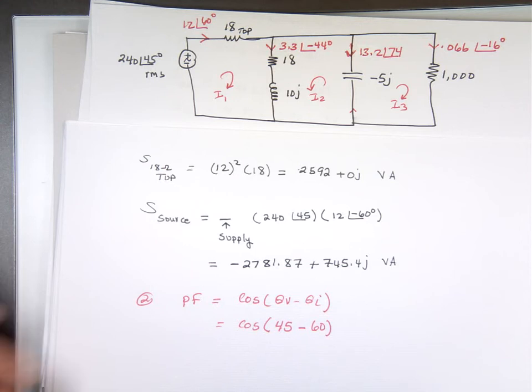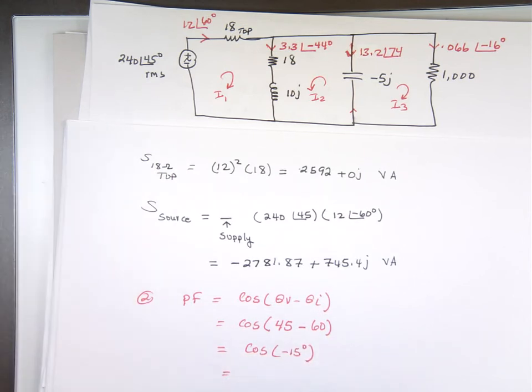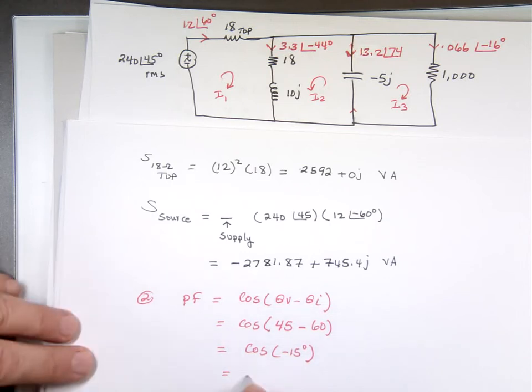That's equal to cosine of negative 15 degrees. Notice the angle is negative. What does a negative angle mean? Leading power factor. The power factor is 0.966 leading. How do we know it's leading?